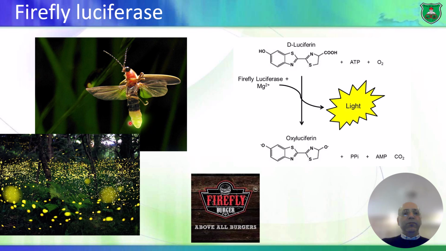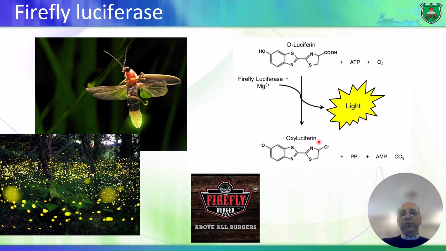They light up, creating this beautiful scene at night. And the enzyme is called luciferase. Okay, and there is a substrate called luciferin, and this luciferin is cleaved or converted by the luciferase enzyme into oxyluciferin, and this is the molecule that lights up.